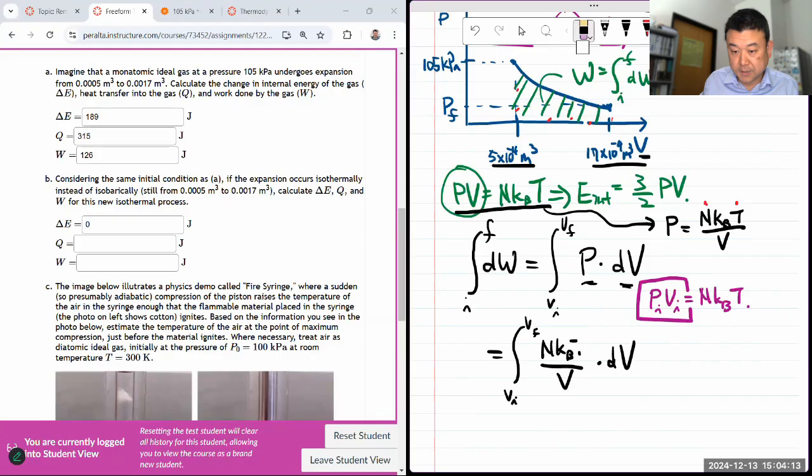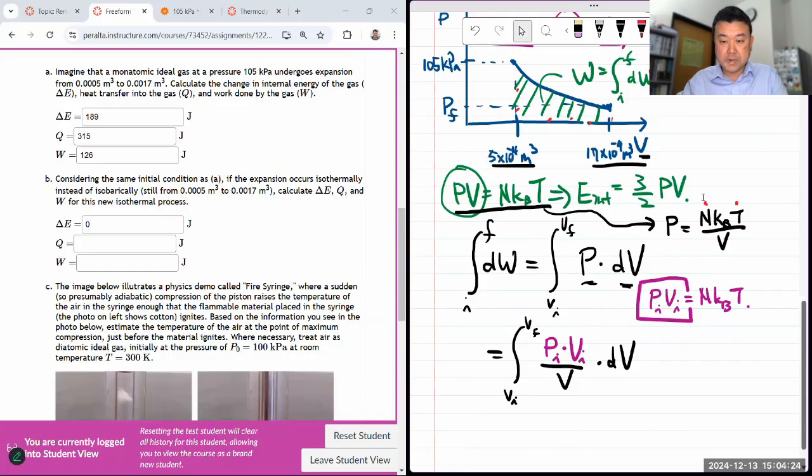So if I do that substitution here, then the numerator simply becomes initial pressure, which I have, times the initial volume, which I have. So let's do the integral.